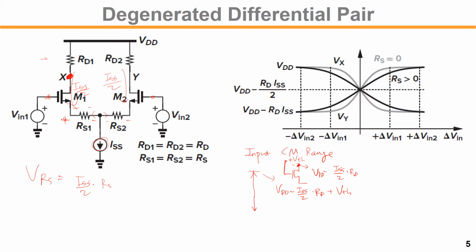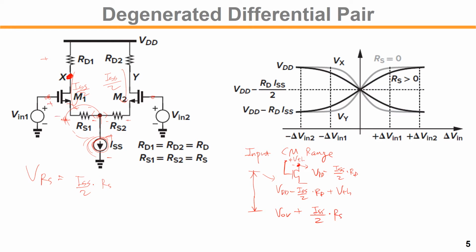What about the minimum voltage? Starting from the source node, that would be the overdrive of the ISS current source, plus the voltage drop over RS, which is ISS over 2 times RS.